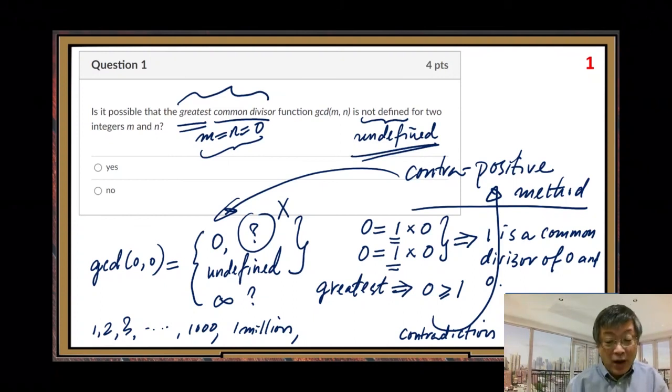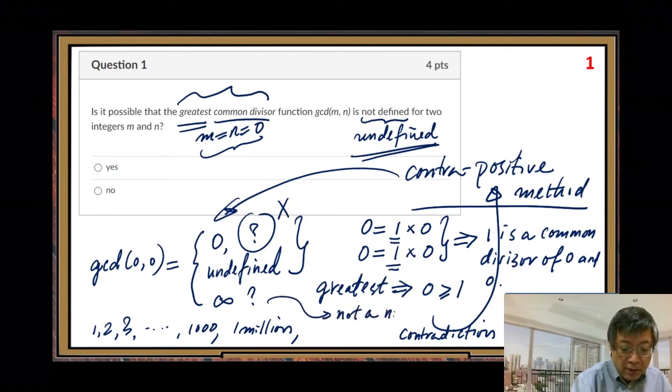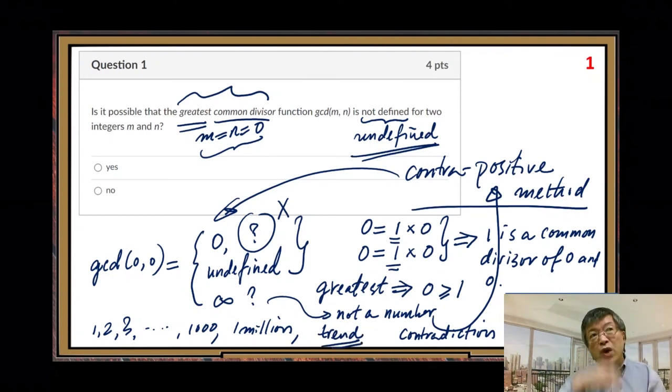Here I want to say that calling it infinity is not good. Why? Because first, infinity is not a number. We cannot call it a number. It is a trend, representing some special meaning related to trending. For example, when we consider a limit, we use infinity.